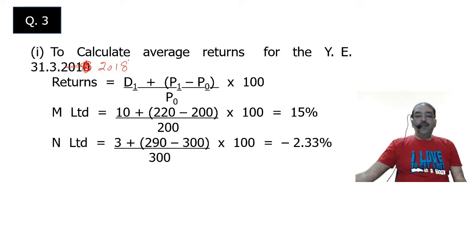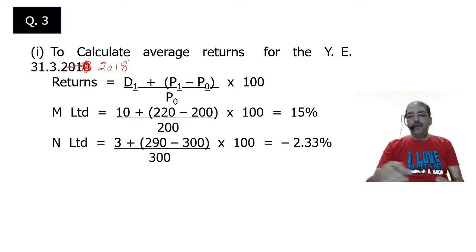For M Limited, it was 10%. 10% of 100 rupees face value. So it was 10 rupees. And for N Limited, it was 30% of 10 rupees. Okay, done? Clear with this?